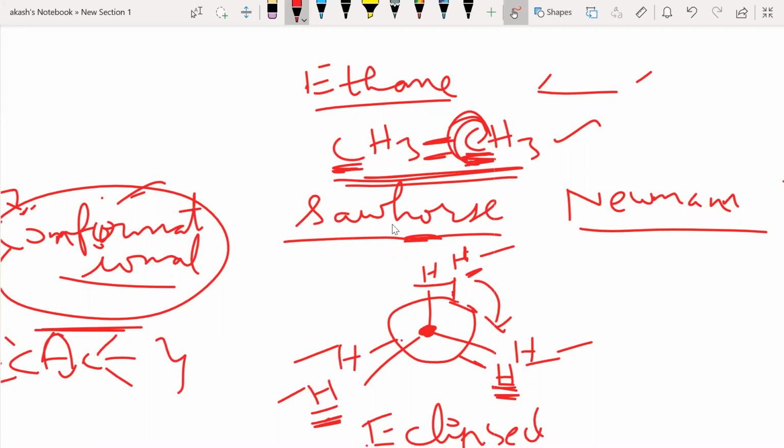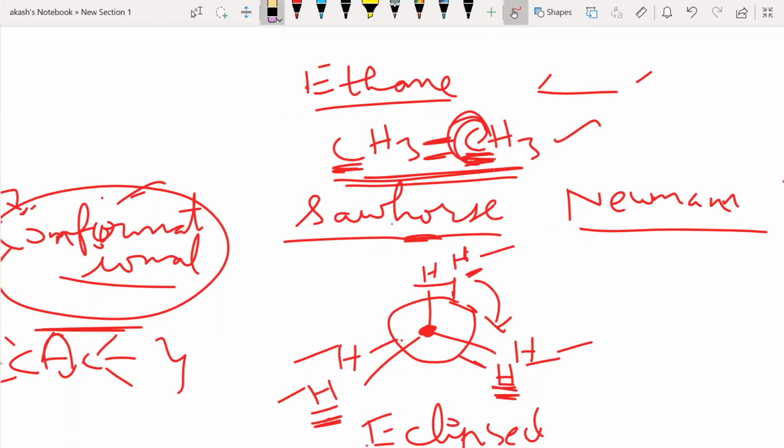I'm actually going to get an infinite number of points. If I say 0.1 degree, obviously there'll be a difference between these two angles. Another 0.1 degree, another angle. Like this, I can have thousands and millions of conformations possible, but I cannot study all of them. I can study certain things which are important to me, because every 0.1 degree, every 0.01 degree of rotation is not going to be helpful.